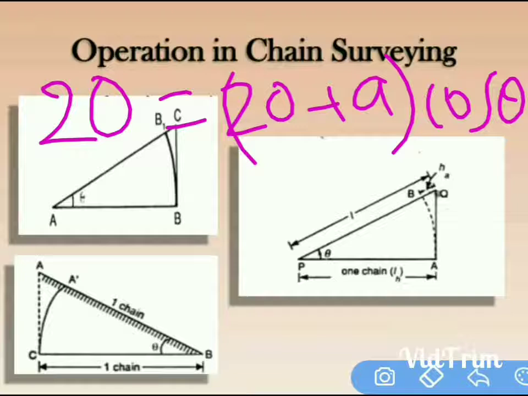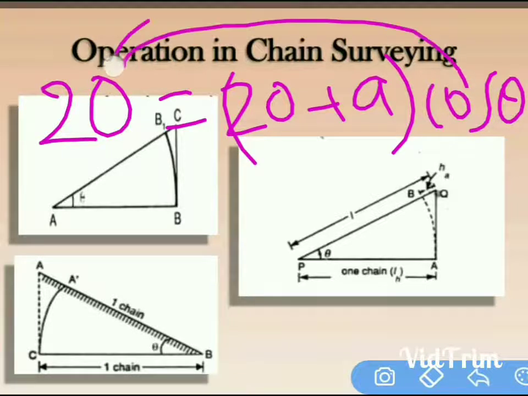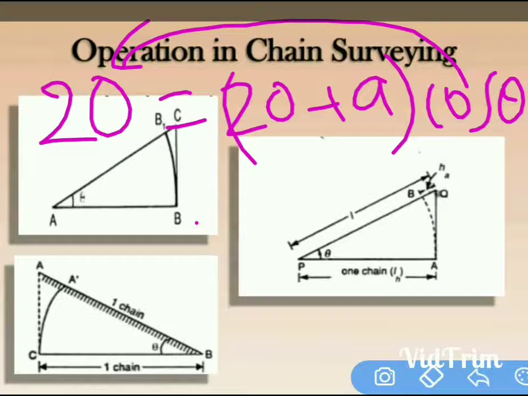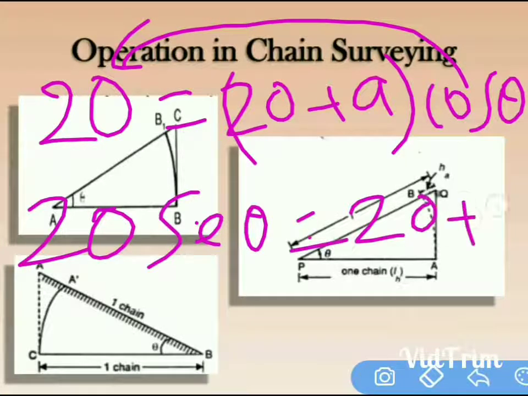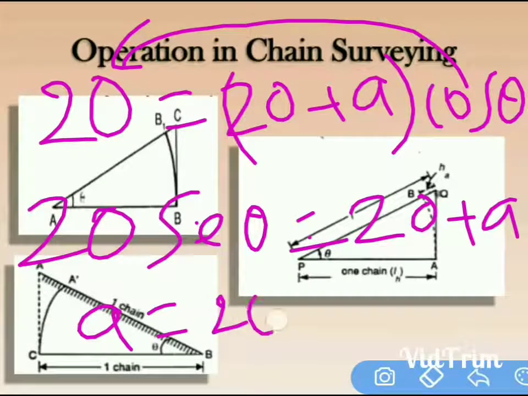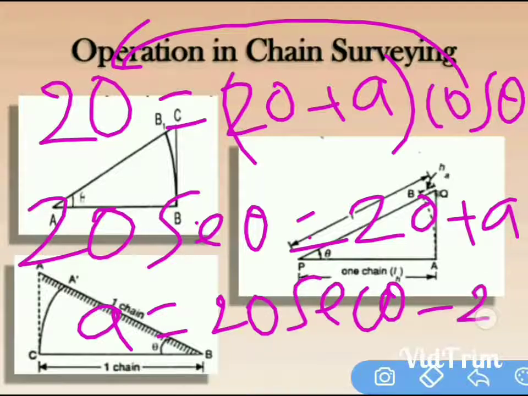I think up to now everyone is clear. So here bring cos theta to this side. What will happen? That will become sec theta. 20 sec theta equals 20 plus A. Then tell me the A value. A equals 20 sec theta minus 20. Agree? So take 20 common.